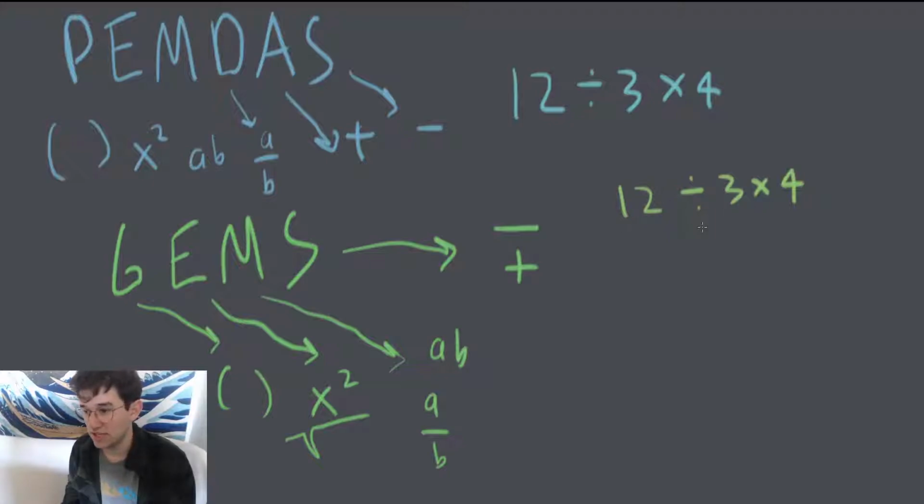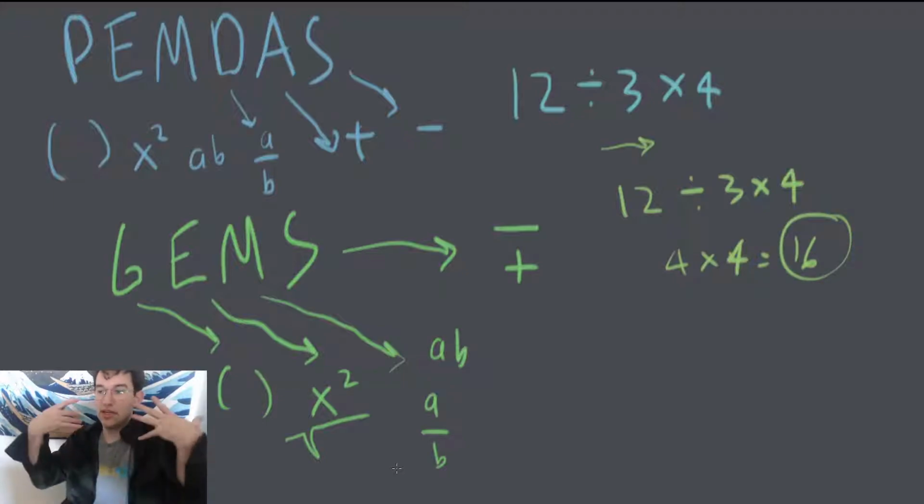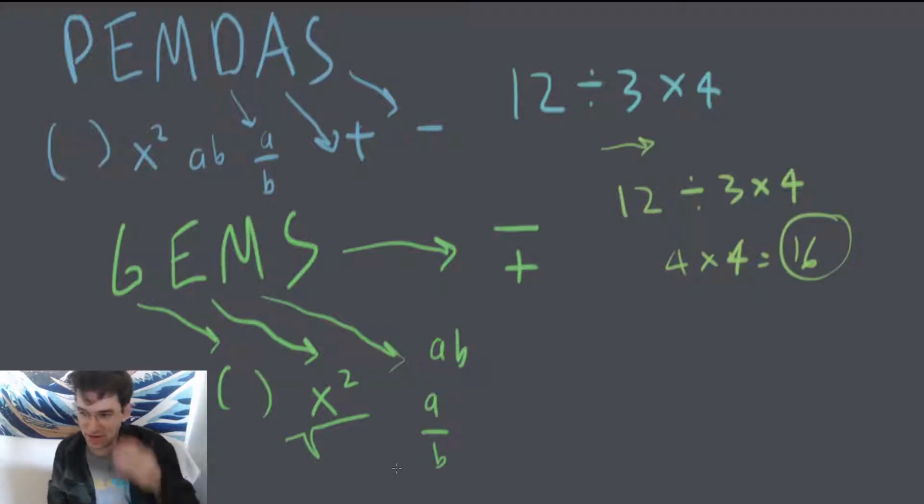Okay, there's multiplication and division. So what do we do when they're both in the same section? If they're in the same section, you go left to right. So you just do 12 divided by 3, then 4 times 4 gives you 16. Right answer. So with GEMS, you're more likely to get the kids to the right answer.